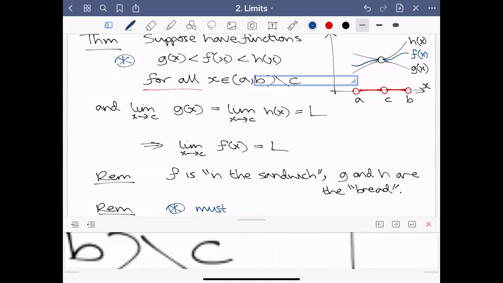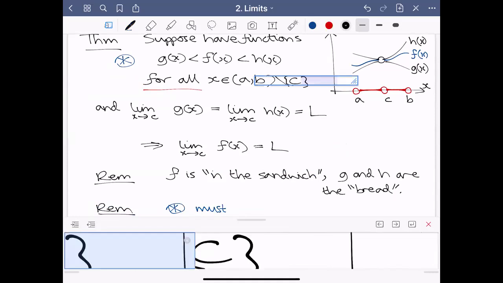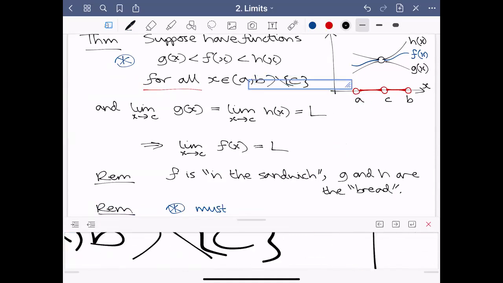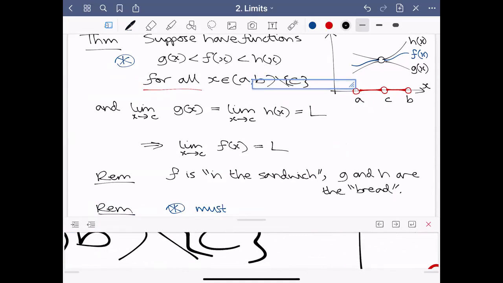Oh, actually, I made a small mistake in my notation before. So the interval (a, b), take away c.